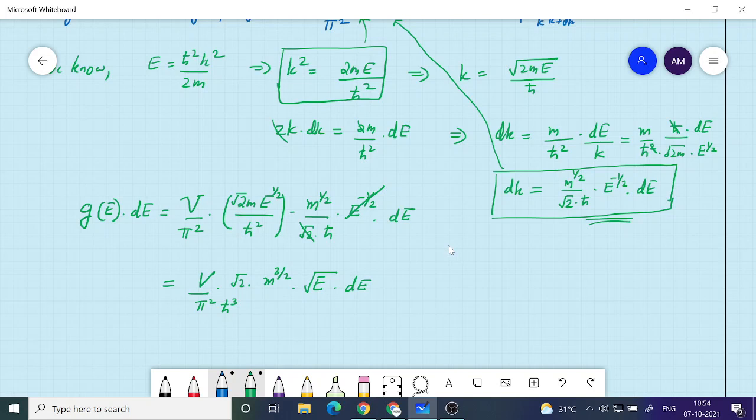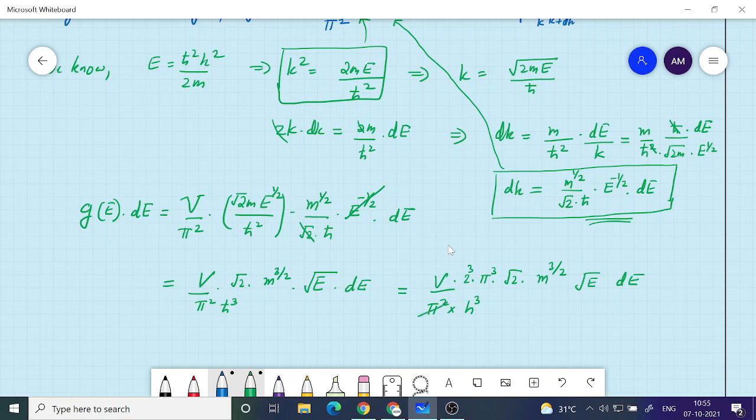Now you can also substitute for h cut as h by 2 pi, and then some cancellation with pi you can get. So let me do that. V by pi square into h cube by 2 cube pi cube into root 2 m raised to 3 by 2 square root of e.